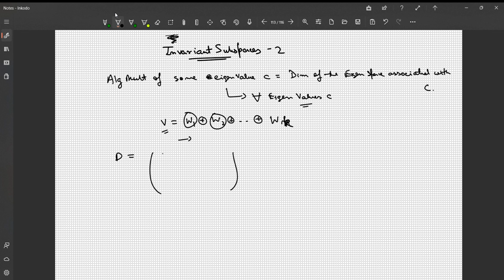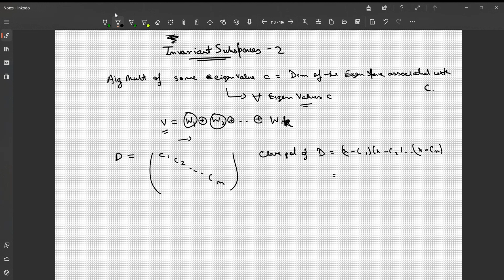So suppose you have a diagonal matrix D with entries C1, C2 till Cn. Not necessarily are the diagonal elements distinct, but what is the characteristic polynomial? The characteristic polynomial of this matrix D is surely of this form, right? It's x minus C1, x minus C2 till x minus Cn.